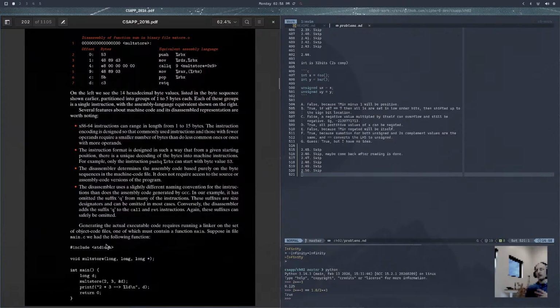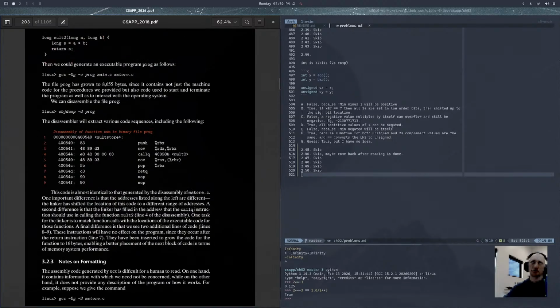One of the main goals of the course is to get programmers familiar with reading assembly, not necessarily writing it. I think they acknowledge that writing assembly is a skill of limited use at this point, but reading and understanding what the compiler generates is useful. So this is that sum function in a binary file.